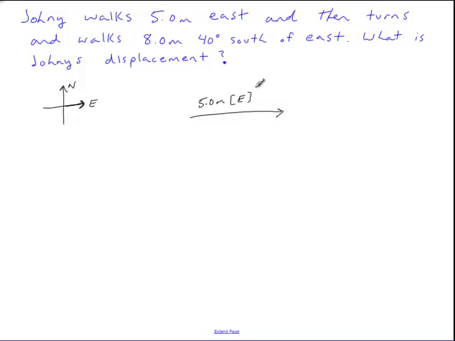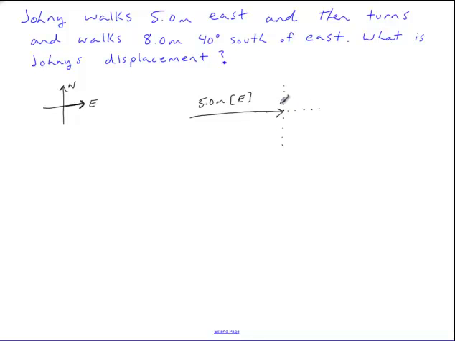Label it. It's a vector, distance, direction. Turn and walk 8 meters 40 degrees south of east. If you can't picture immediately what that's going to be, it might make it easier for you to just draw in your compass here. So we've gone this way, now we're going to start here.